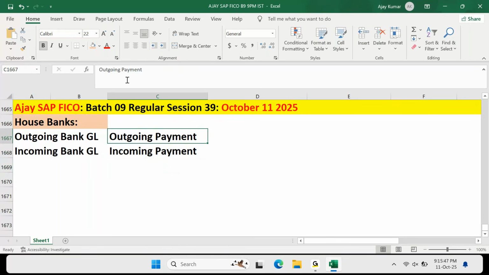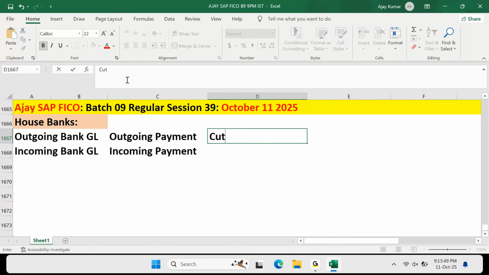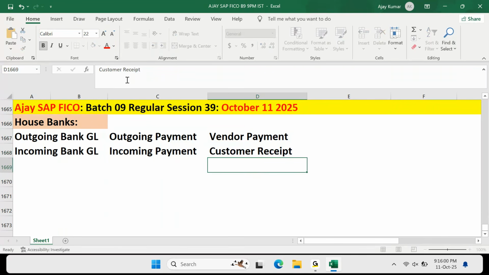On the other side, it is your vendor payment. This is your customer receipt. Right? Usually we call it customer receipt, not customer payment. Other way also, normal.